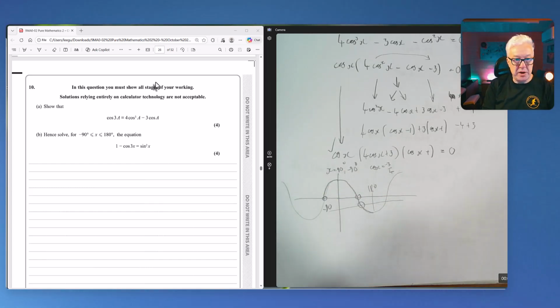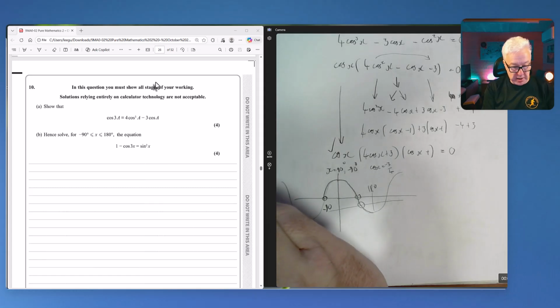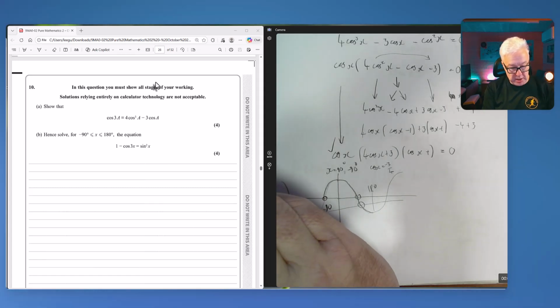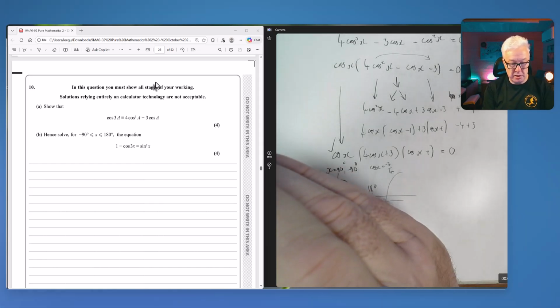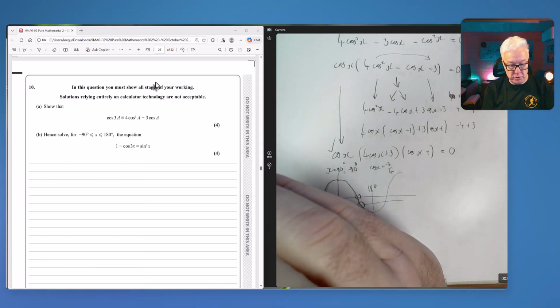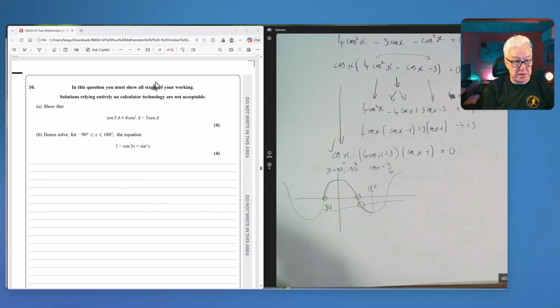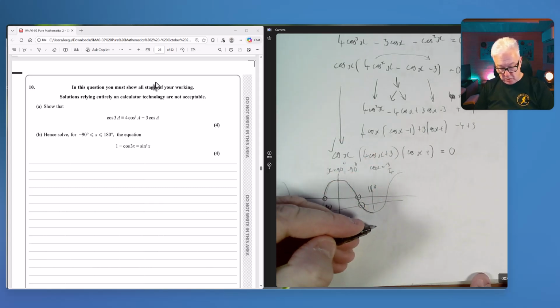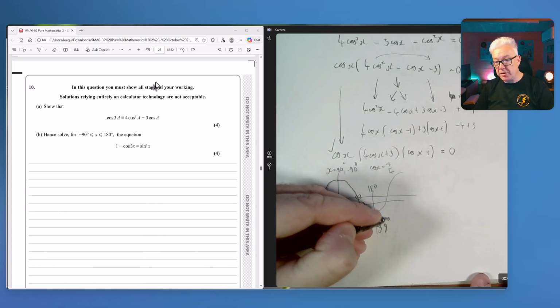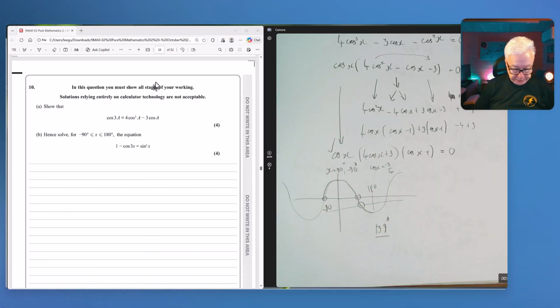If I get my calculator, put it into angle unit degrees, and do inverse cos of minus 3/4, that gives me the value 138.59. So that is 139 degrees to the nearest degree.